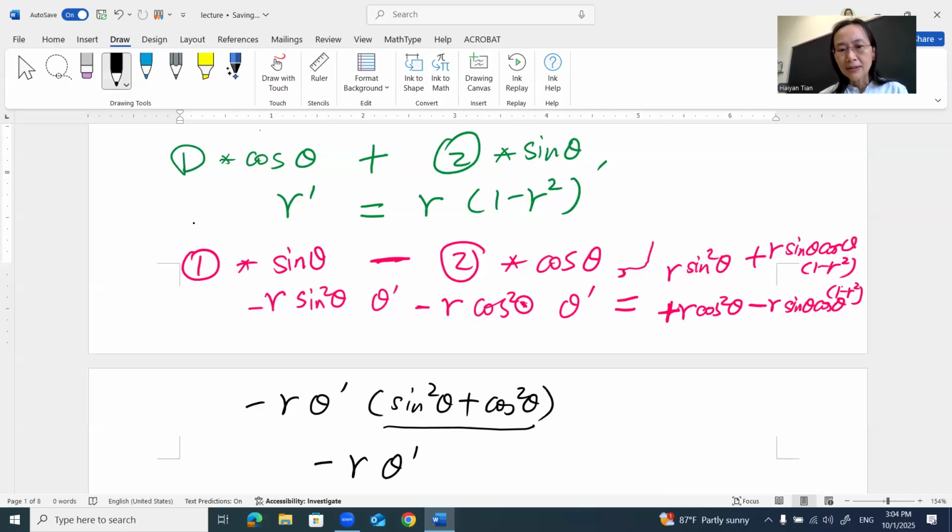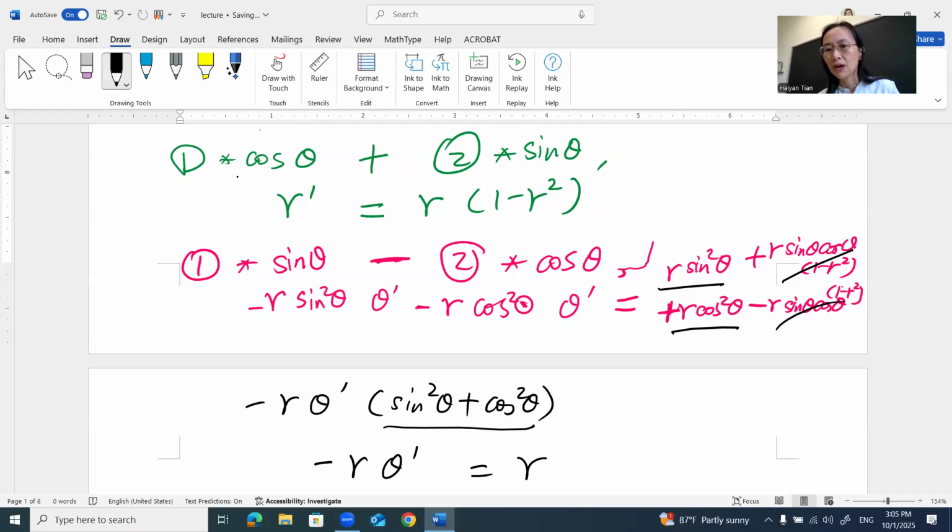The right-hand side, also we have r. When we factor out r, see the two terms, right? Sine square plus cosine square, that is 1. So we have only just r. And the remaining terms, when we add, they're canceled.